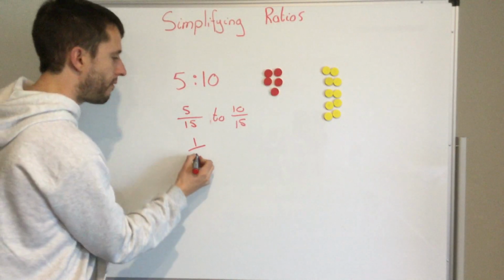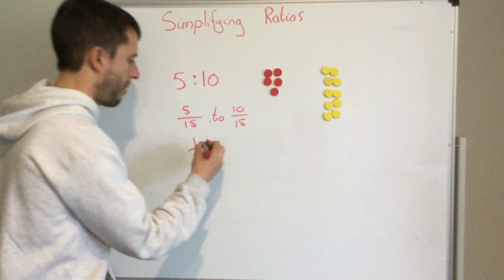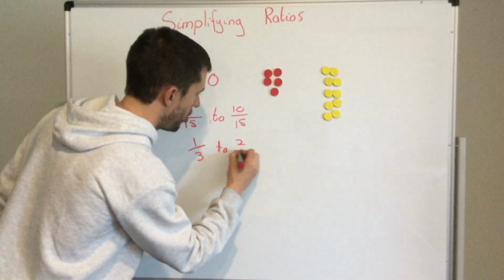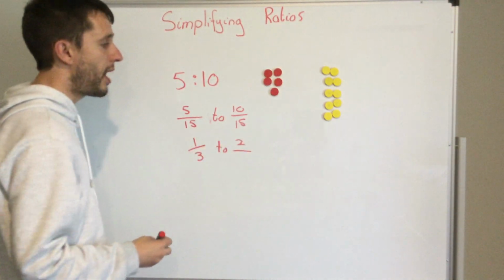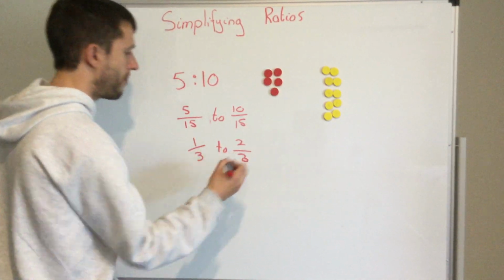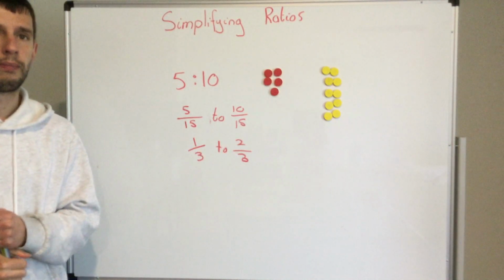How many 5s in 15? 3. So we can simplify. 10 divided by 5 equals 2, 15 divided by 5 equals 3. So we are comparing 1/3 to 2/3.